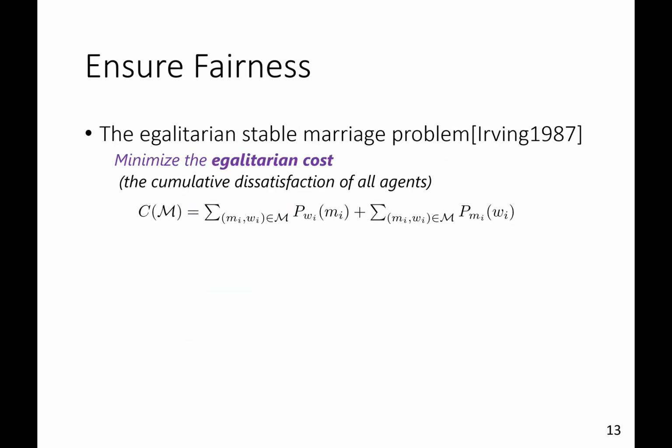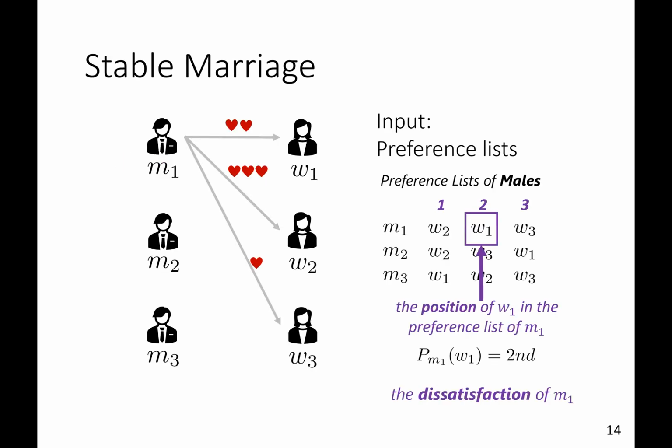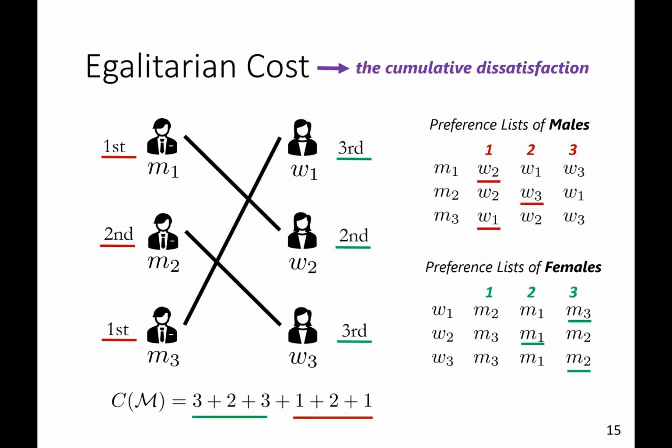To ensure fairness, the egalitarian stable marriage problem is to find a stable marriage that minimizes the egalitarian cost. The dissatisfaction of an agent is represented by the partner's position. The egalitarian cost is the cumulative dissatisfaction.